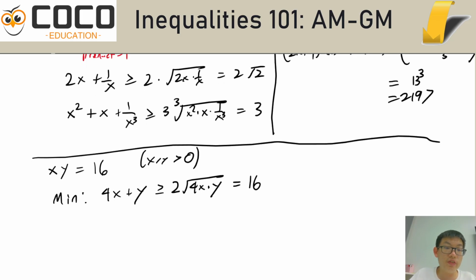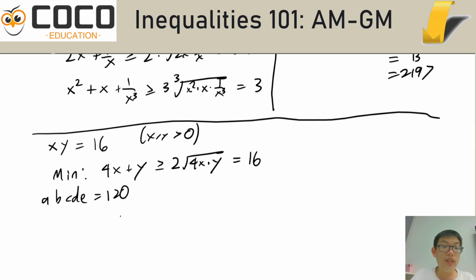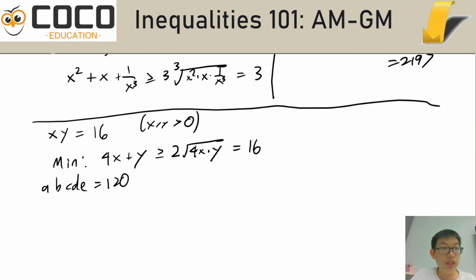And you can have a whole long list of things. Let's say that I've got A, B, C, D, E equals 120, and then now I ask you for, okay, A plus 2B plus 3C plus 4D plus 5E, and ask you what is the minimum value of this. You can say that, all right, I am just going to say that they have a fixed product.